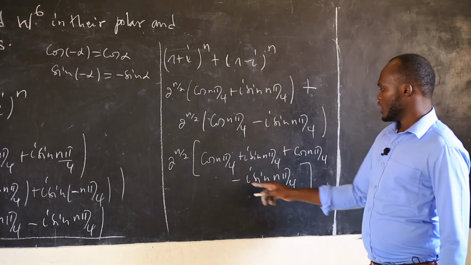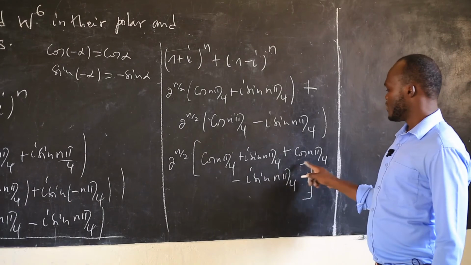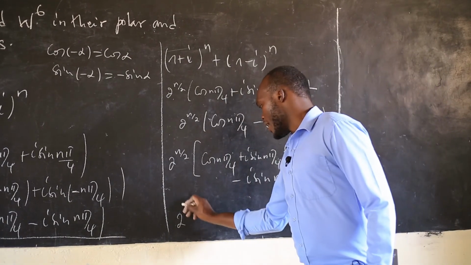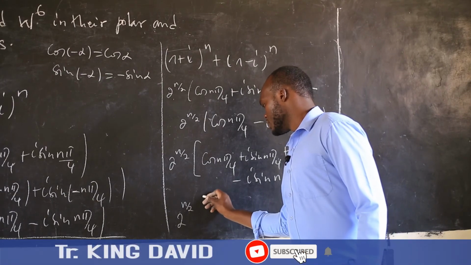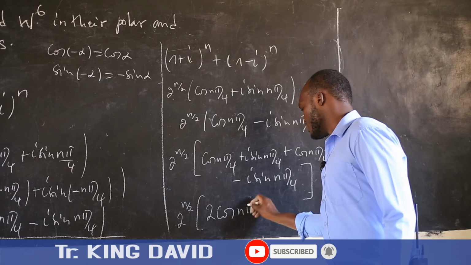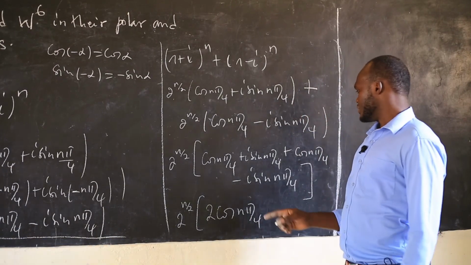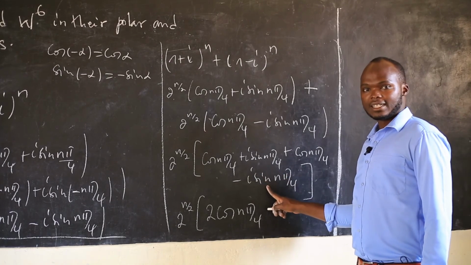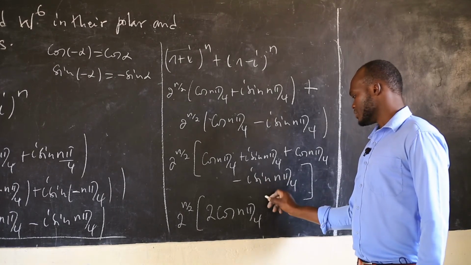You see, cos n pi over 4 plus cos n pi over 4, those are 2. So this is 2 power n over 2 into bracket 2 cos n pi over 4. Then i sine n pi over 4 plus negative i sine n pi over 4 gives 0.